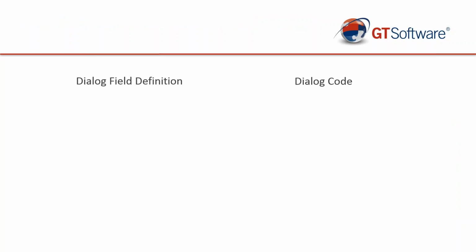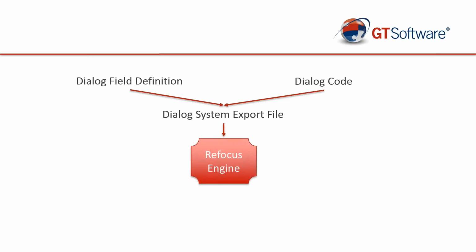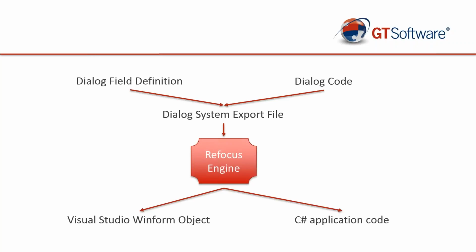And you kind of led into that earlier when you described the process. What this Refocus method does is take, as you said, the dialog field definitions and the dialog code, and you use the standard Micro Focus dialog capabilities of exporting that to an export file, just a purely text file, that then is fed into the Flexus Refocus engine, and what we get out are a Visual Studio WinForm object and C# application code.